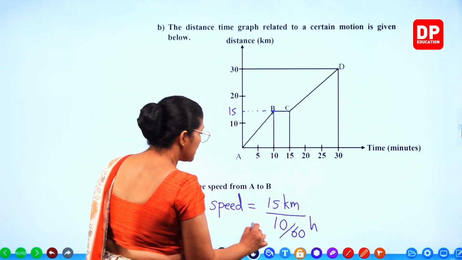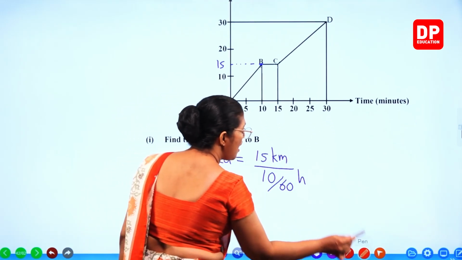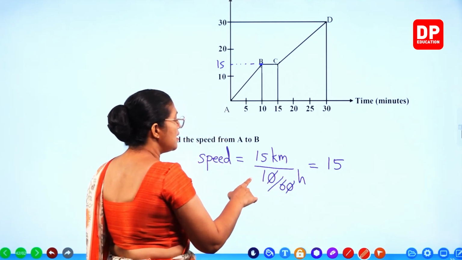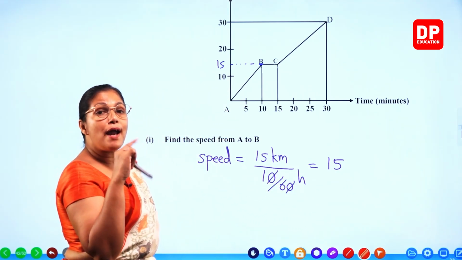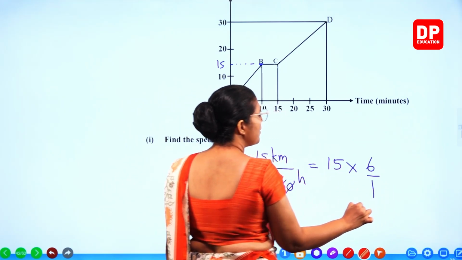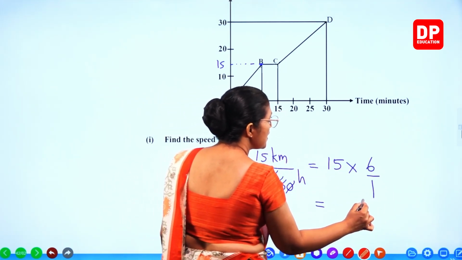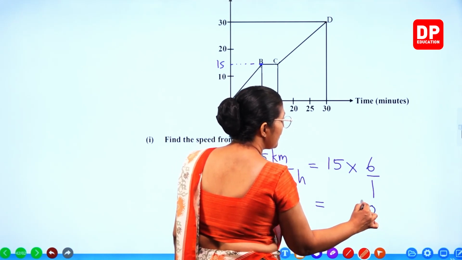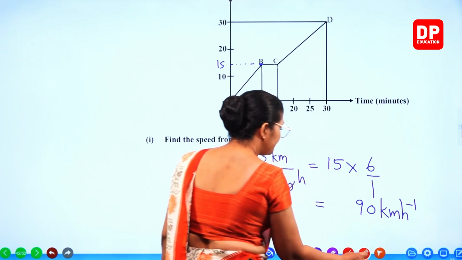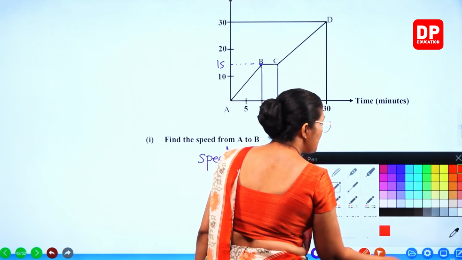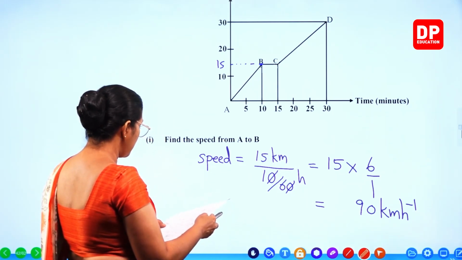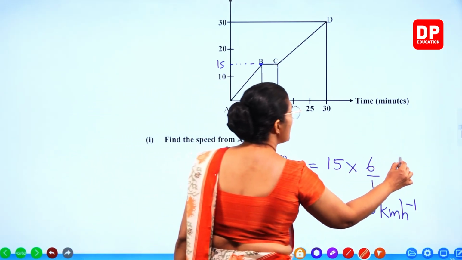Then you are getting the speed in kilometers per hour. 15, so this one is 1 over 6. 15 divided by 1 over 6, you can write as multiplication of 6 over 1. So 15 times 6, 90 kilometers per hour. That's the speed. You are getting 2 marks for that part.